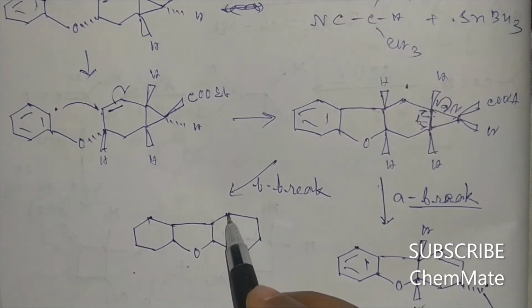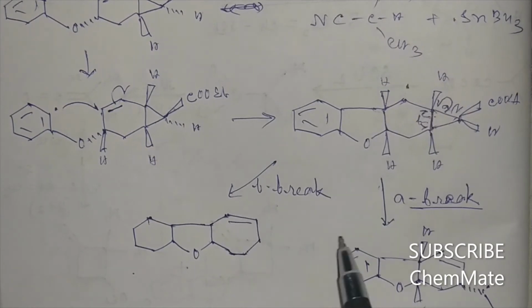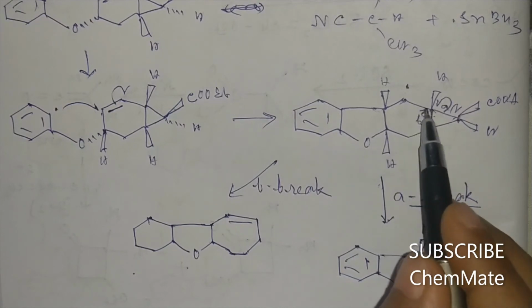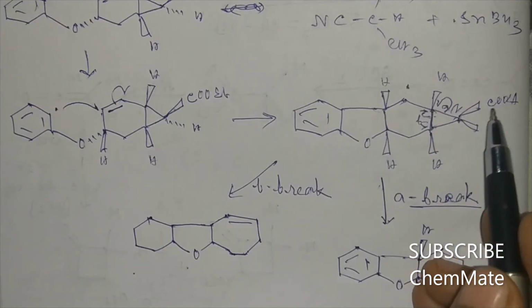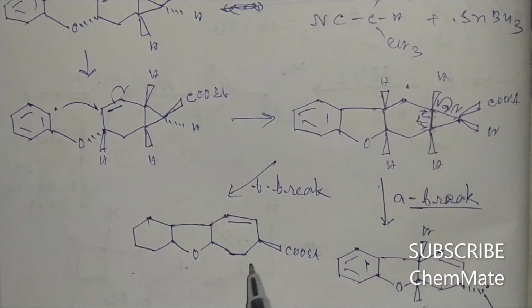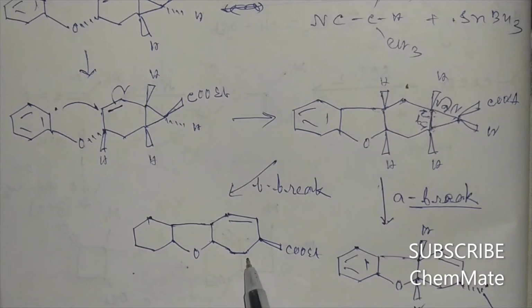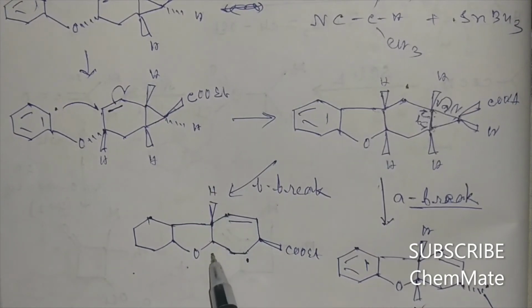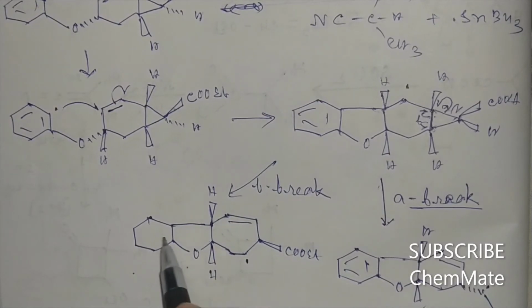Now in this seven-member ring, the pi bond will be here, and then the pi bond will be here. The next carbon will bear the COOEt group above the plane, and the radical will be on the next carbon, and here the ring will be as usual in cis-fused condition.